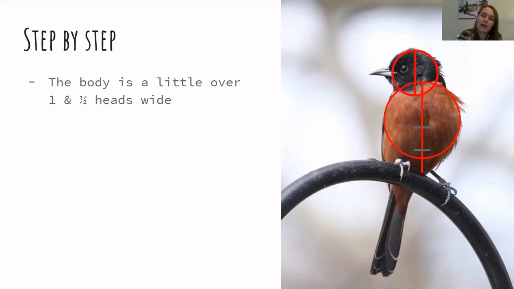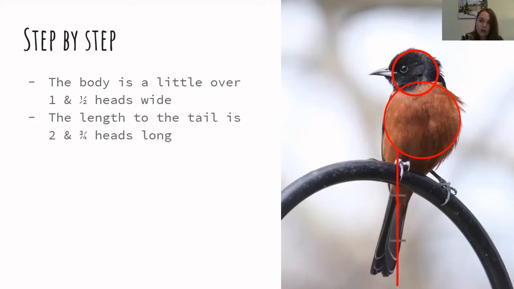Okay, 1.5 and just a little bit. Okay. So I'm going to draw it too. Okay, so I've got my body circle. Hopefully you guys have got it as well.